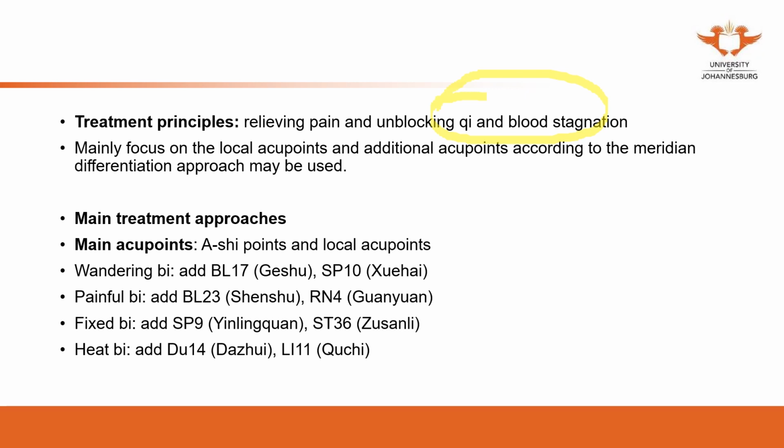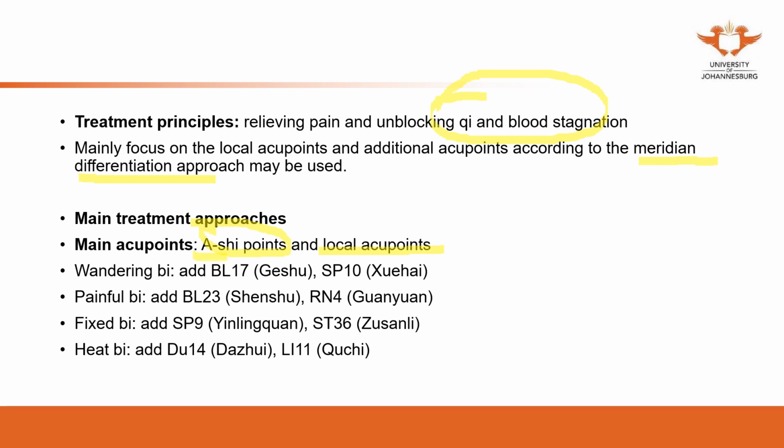And then you're going to focus on which cause: the wind, the heat, or the dampness. You're going to select different points. Mainly focus on local points and additional points according to the meridian differentiation. The meridian differentiation we didn't introduce in detail. It is self-study.